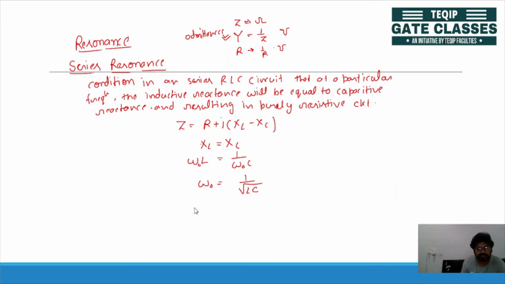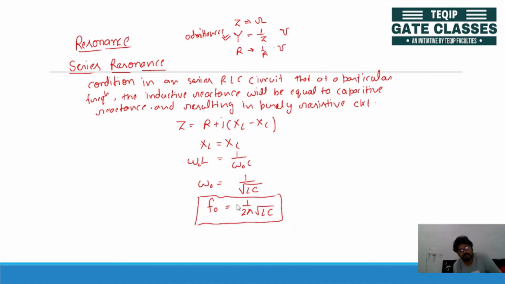Okay, so if you take in linear frequency form, you will get frequency f naught equal to 1 upon 2 pi root LC. So this is your resonating frequency. Means at this frequency, in your series RLC circuit, your inductive reactance will be equal to capacitive reactance and your circuit will be purely resistive.